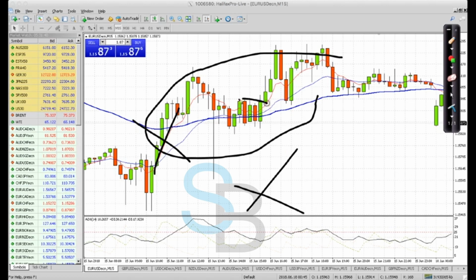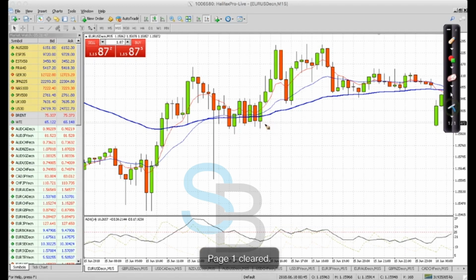But you can see that over here, it's not surfing the 6 or the 18, right? In fact, it's surfing the 50. Now, for this strategy, we only want to surf the 6 or the 18, not the 50 moving average, okay? So that's not a clear surf.